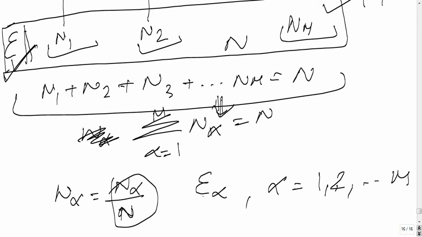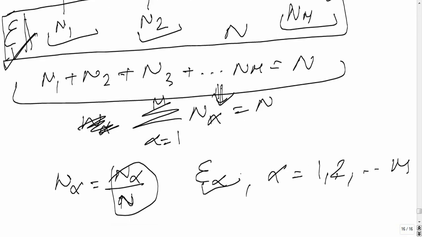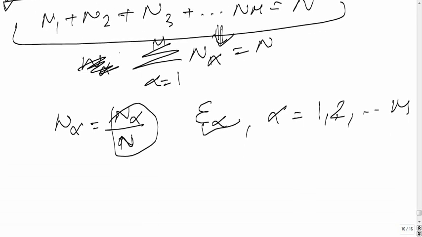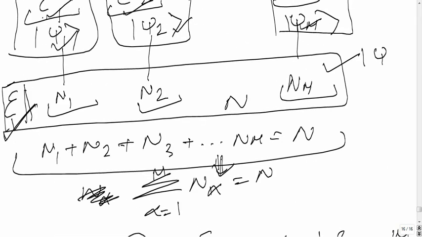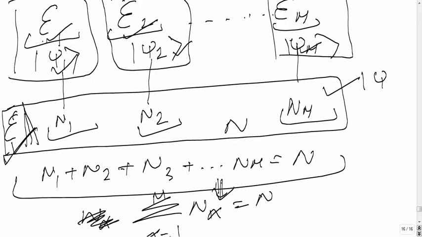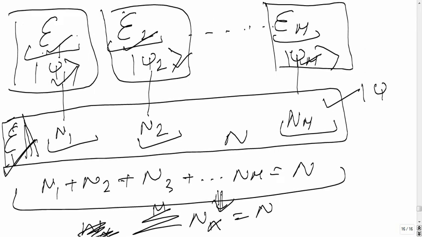These are called weights W alpha, and I hope you are getting how we have obtained this ensemble, this collection of quantum systems E, from these ensembles epsilon 1, epsilon 2 and epsilon m.